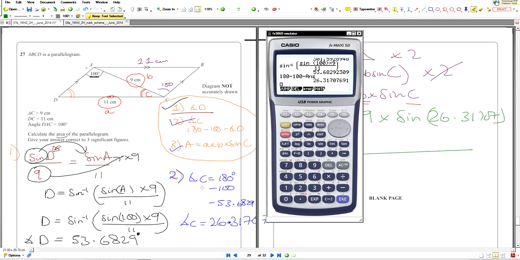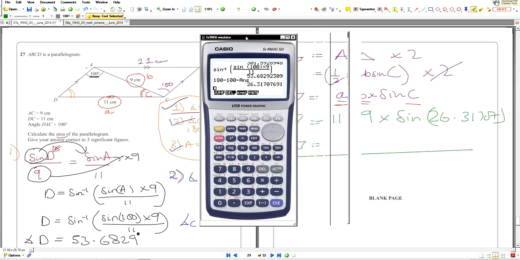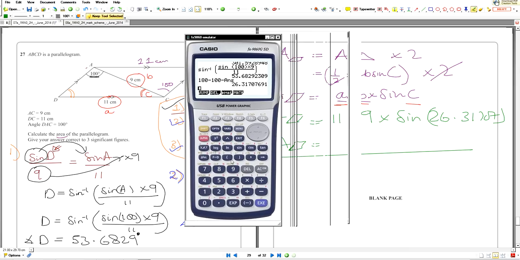So let's do the calculator. So what do we say? We said 11 times by 9 times by sine, and we can use the previous answer. Shift answer, close bracket.